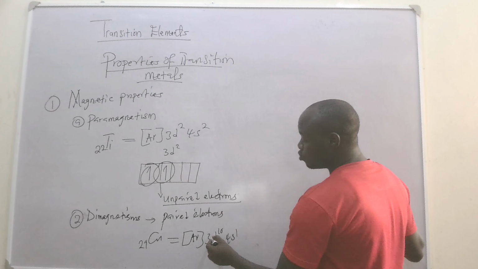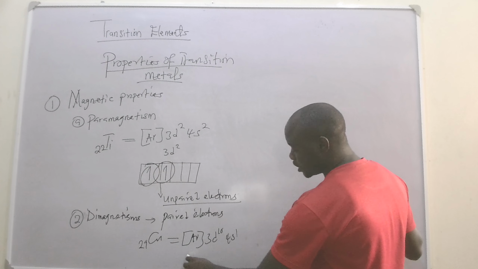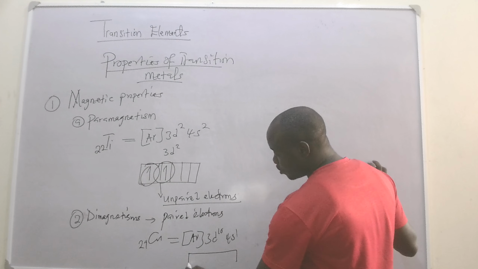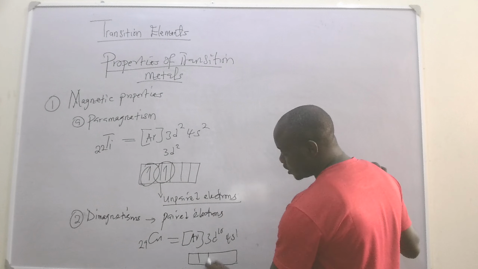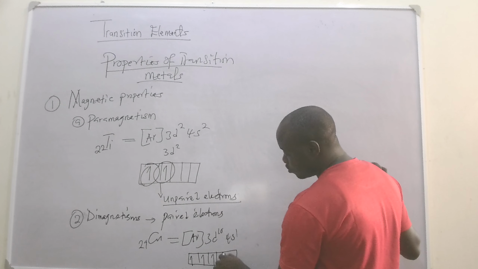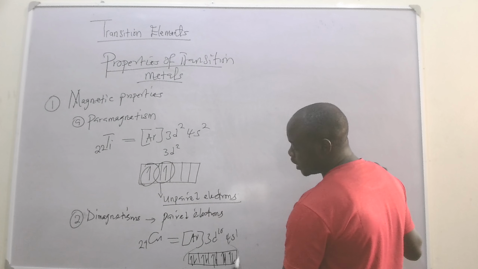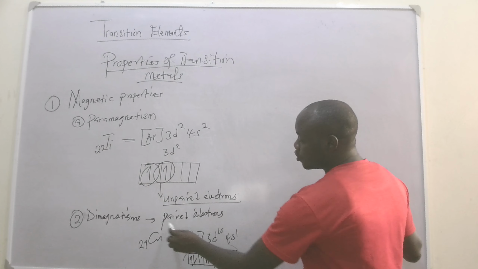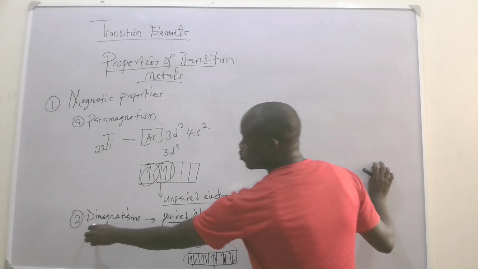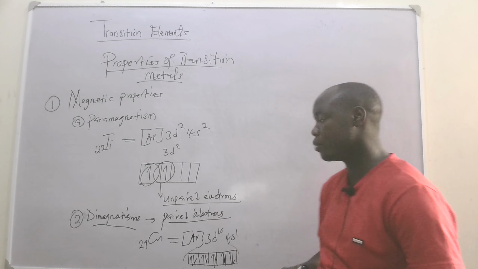In this case, do we have any unpaired electrons? There is no unpaired electron, because if you check the 3d, all the orbitals are completely filled. You see 1, 1, 1, 1, 1, and then paired again, paired again, paired again, paired again. So there are no unpaired electrons. Because they have paired electrons, they are diamagnetic and cannot be attracted by a magnet.